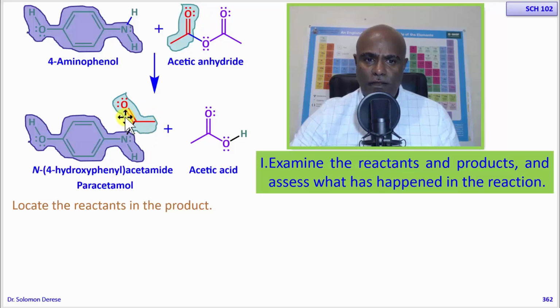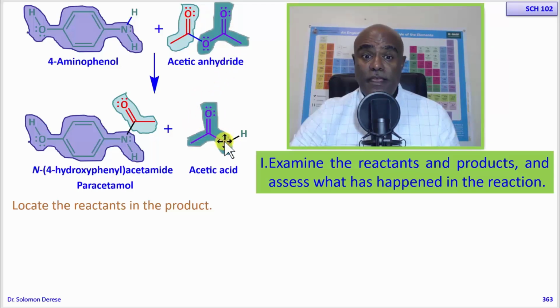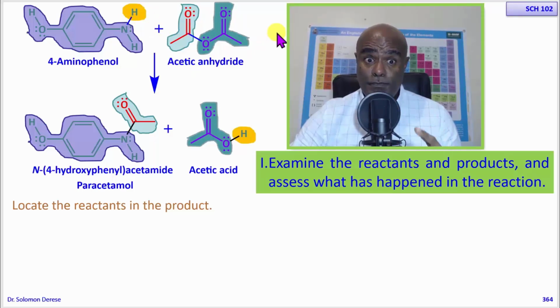This is from acetic anhydride, and this part of our product is the other part of acetic anhydride. Then this one is basically this. So this is what you should do first. Locate the reactants in the product, and this is going to provide you with a lot of useful information.